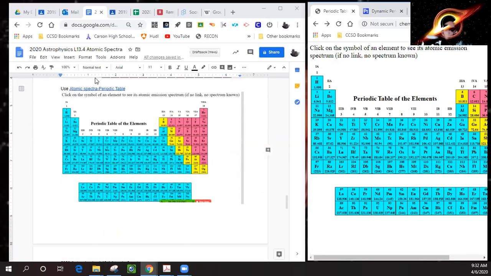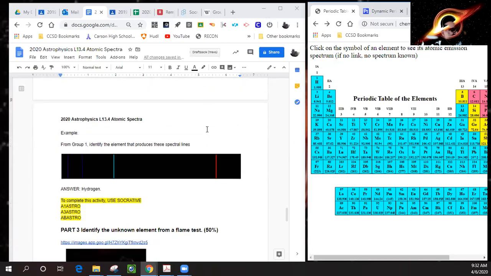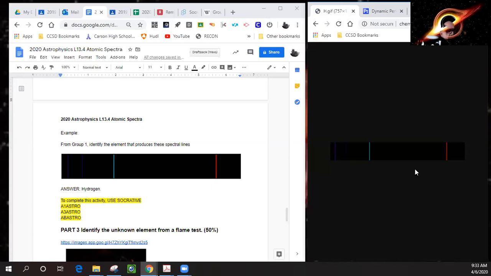When you click on this link, this comes up. As an example, from group 1, we want to identify the element that produces these spectral lines. This is group 1, and let's try this link. I click on it, I see that these are the spectral lines, and basically it's a matching game. There's a red, there's a teal, and so on.